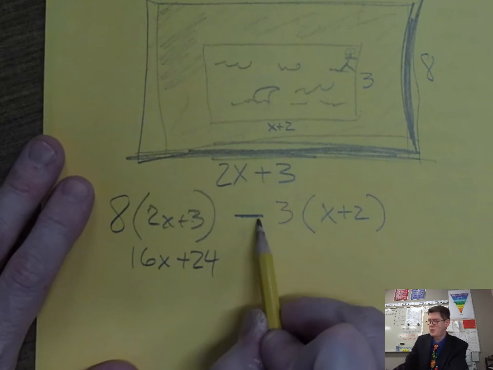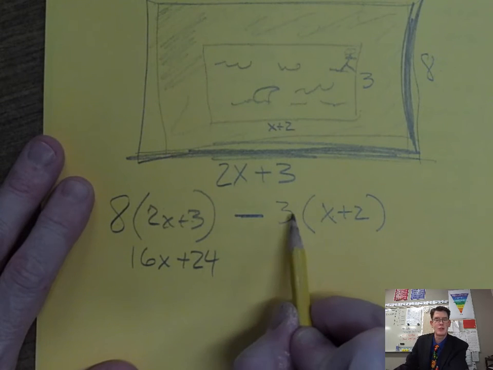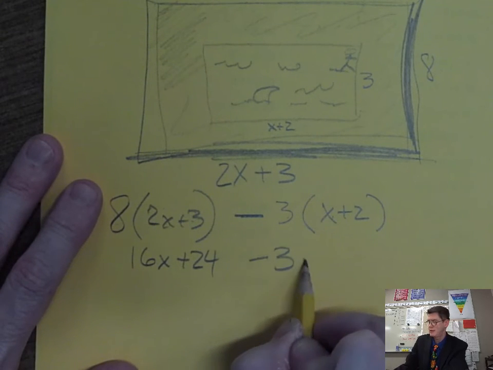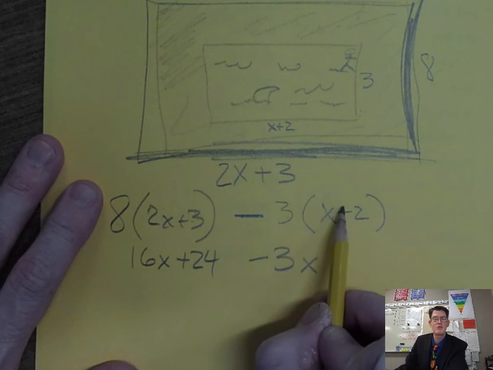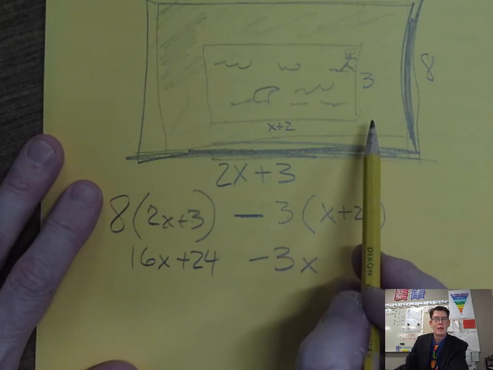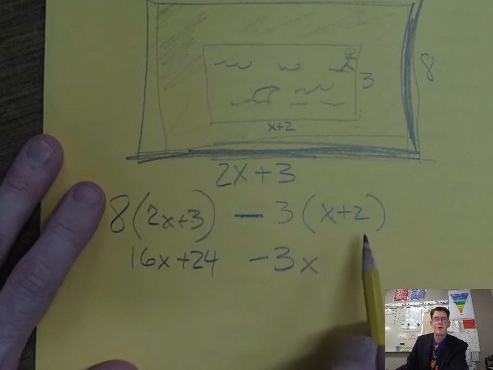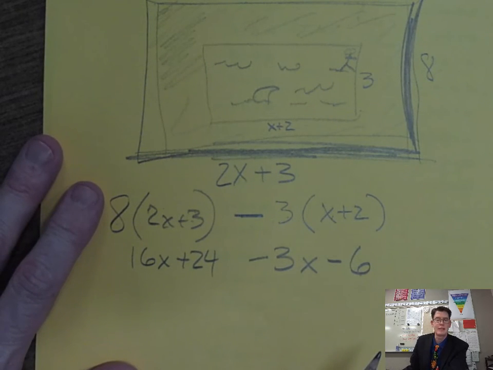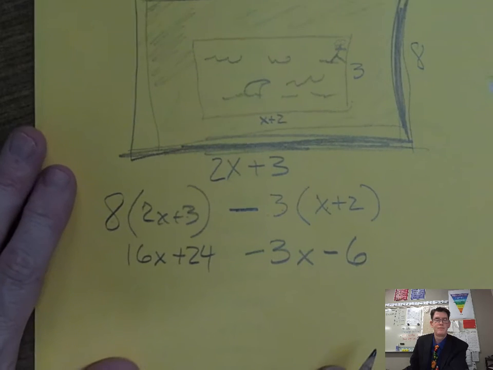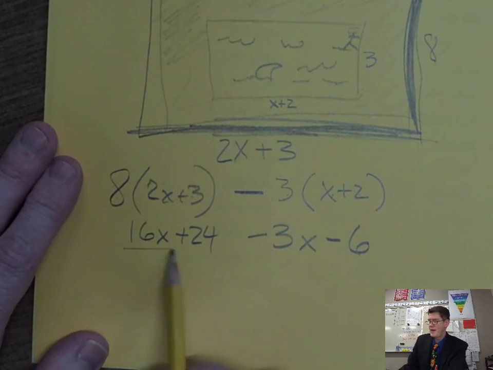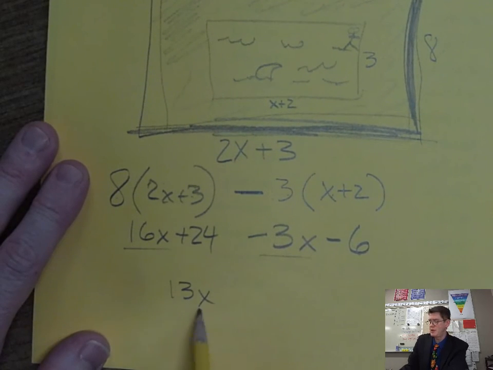And then on this one, I've got minus 3 with the x. So minus 3x. And this minus 3 is also with the plus 2. I'm going to subtract off all of that plus 2 amount. So negative 3 times plus 2 is minus 6. And then 16 minus 3 is 13x.